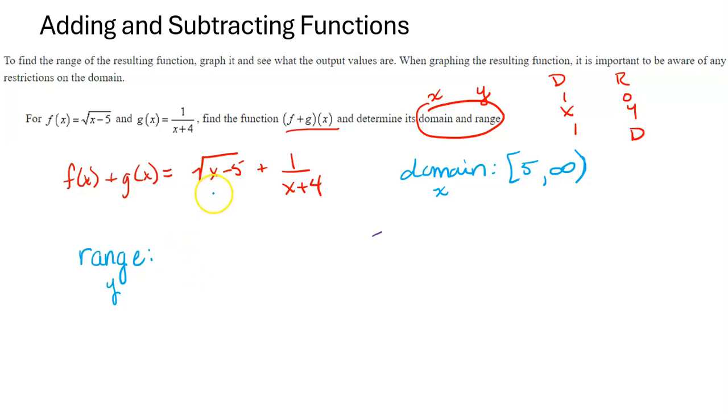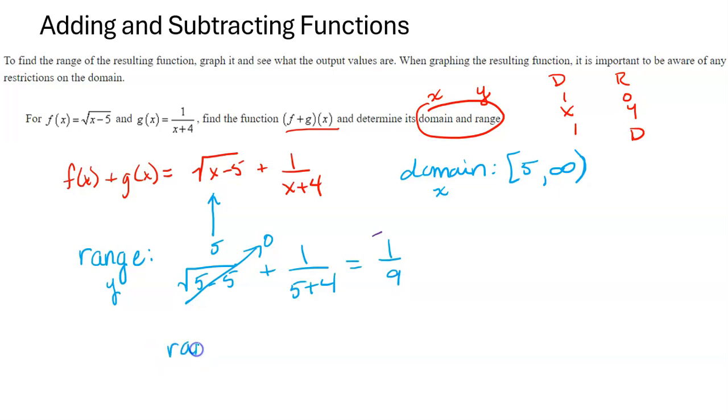So if I plug in 5 right there, I get square root of 5 minus 5 plus 1 over 5 plus 4. This goes away because that's 0, and I end up with 1 over 9. So my range is going to be 1/9, comma, to infinity. And that's actually easier seen on a graph.